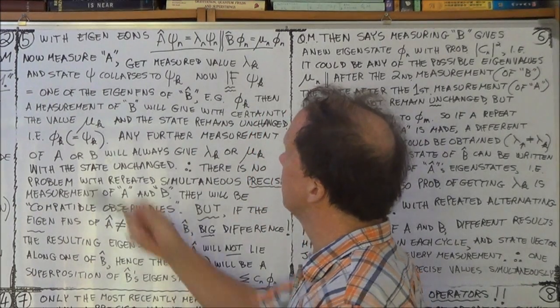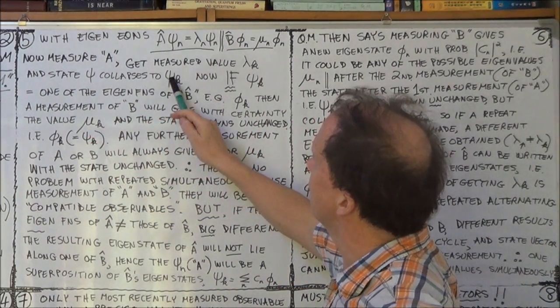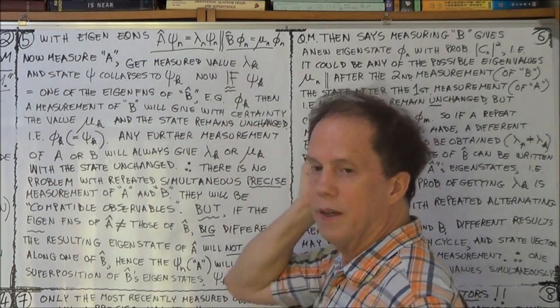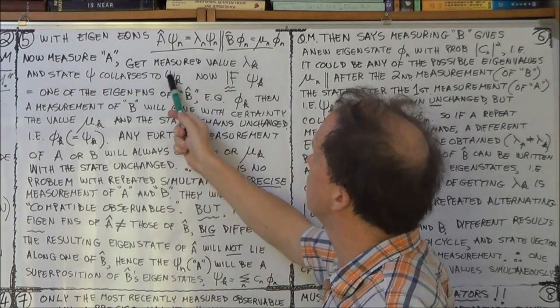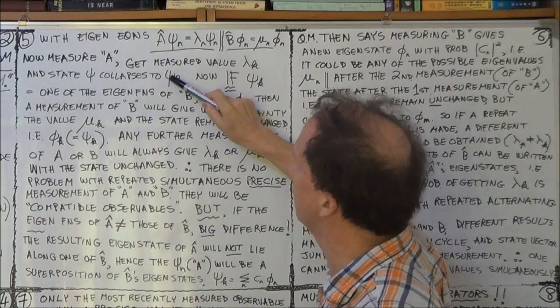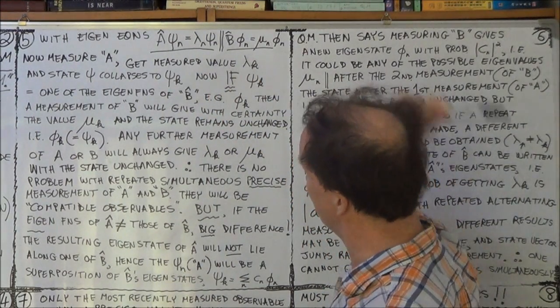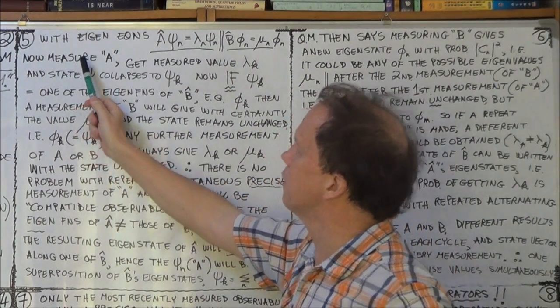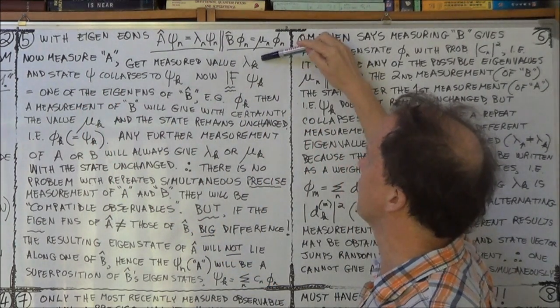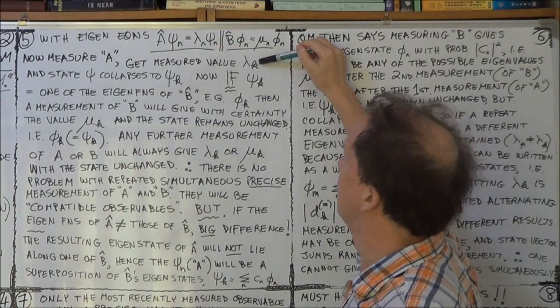Okay, so now say psi k is one of these eigenfunctions of observable A. We're talking about psi here, right? So it's one of these, and when you perform the measurement of observable A, you get this result. Let's say lambda k.